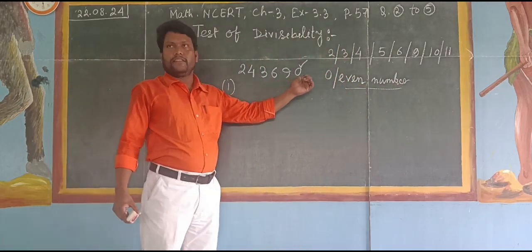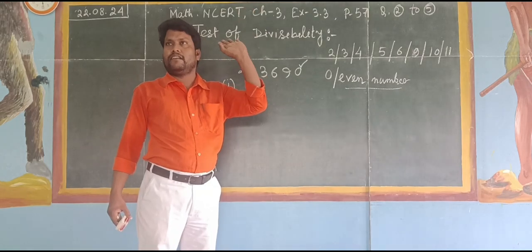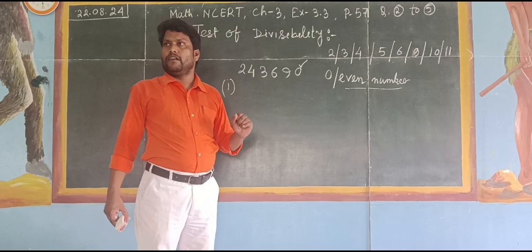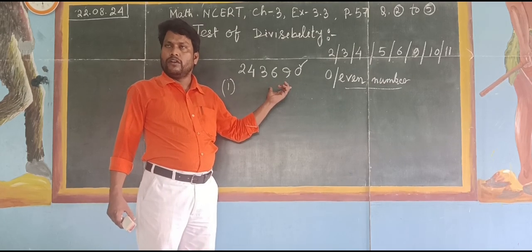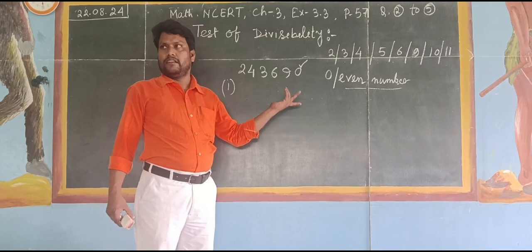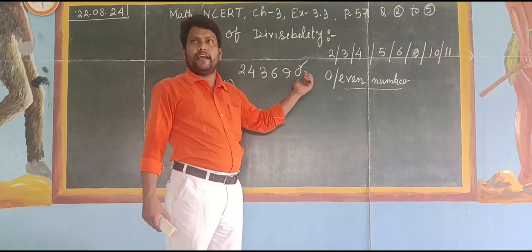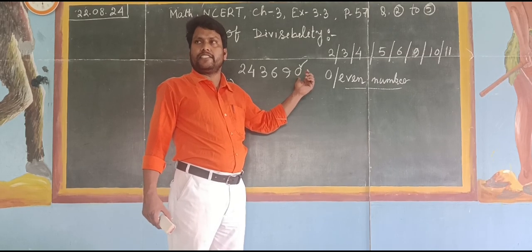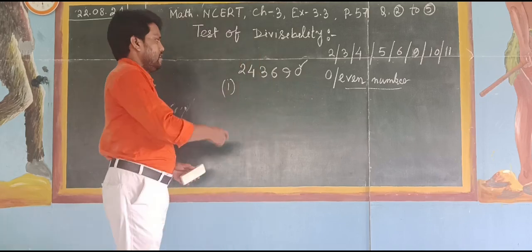If there remain 0 or any even number, that means 2, 4, 6, 8 and 0, then the number will be divisible by 2. So you will understand that this number will be divisible by 2 because it has 0 in its ones place. Okay, that was property number 1.